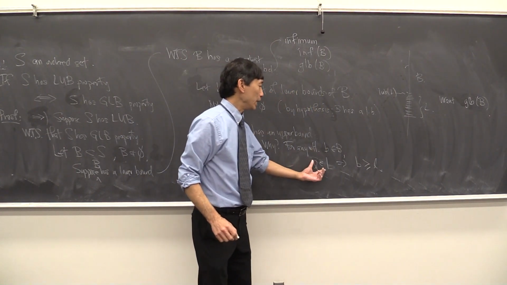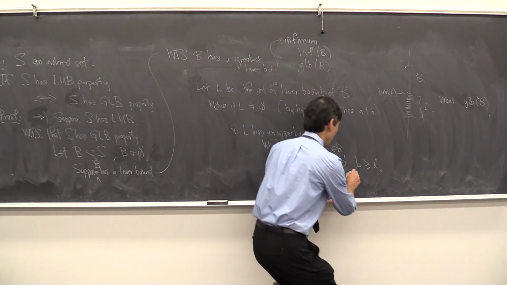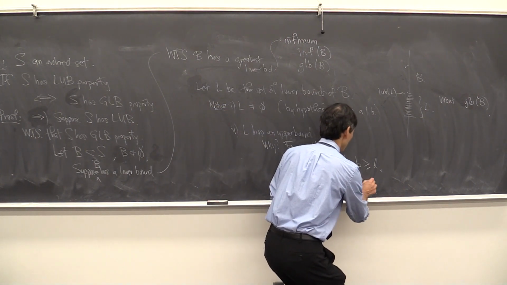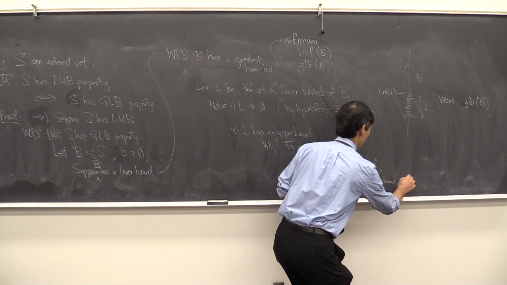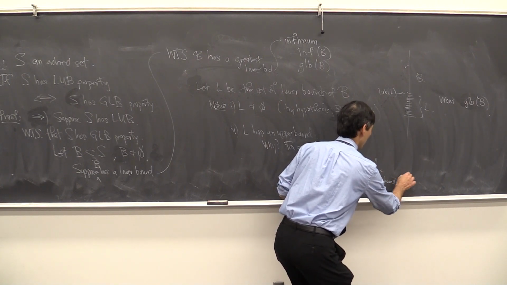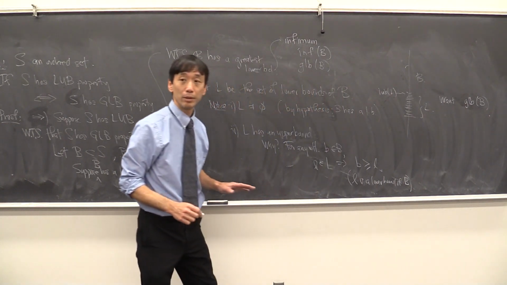You take any element, because L is a lower bound of B. Right? Is that okay?